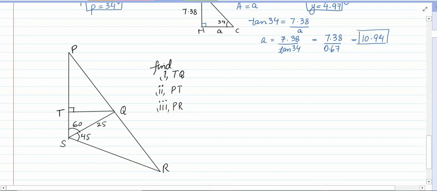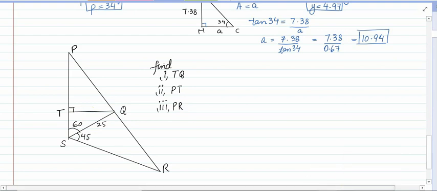So you need to try it by yourself first. TQ. For TQ, I am giving you a hint. Consider the triangle TQS, right? It will be good for you if you plot the triangles separately and then solve for the unknown value.